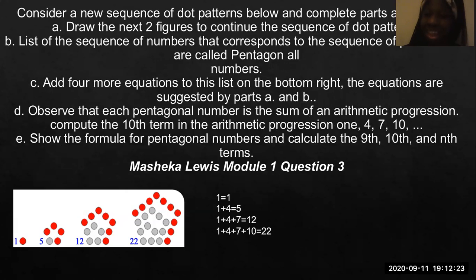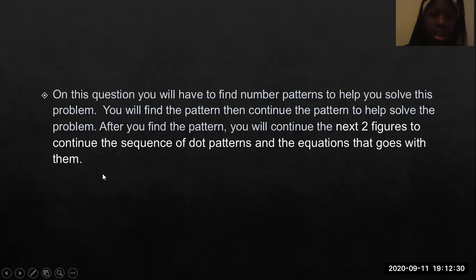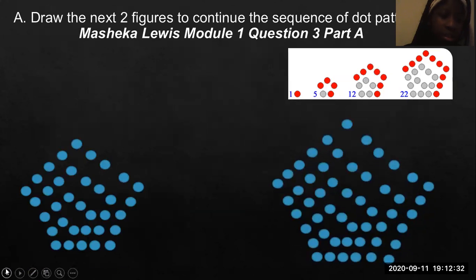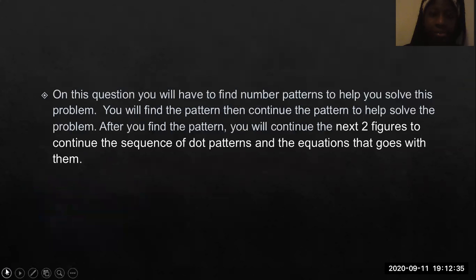Okay, to solve this problem, since this was on the other side, you'll need to look for patterns. Patterns will really help you solve the problems and give you the correct answer you're looking for. So let's go ahead to the next problem.